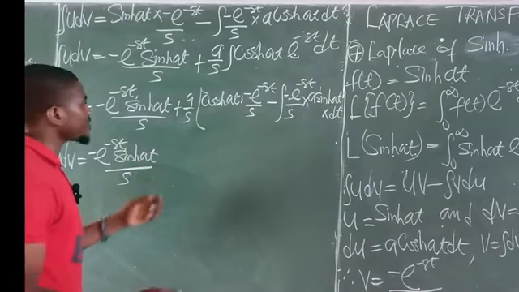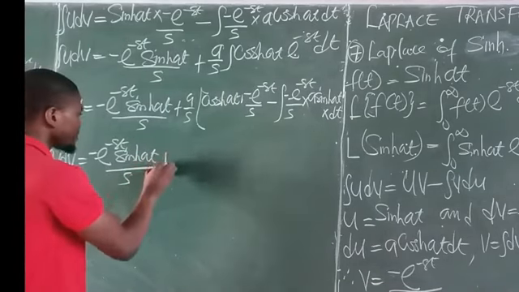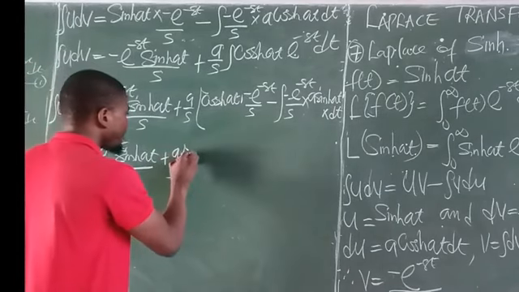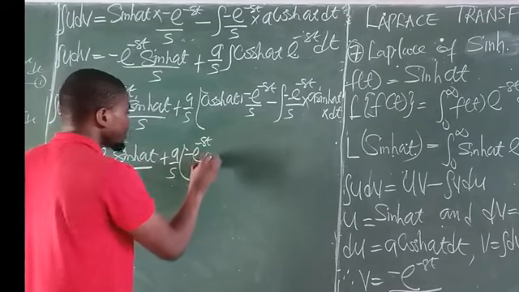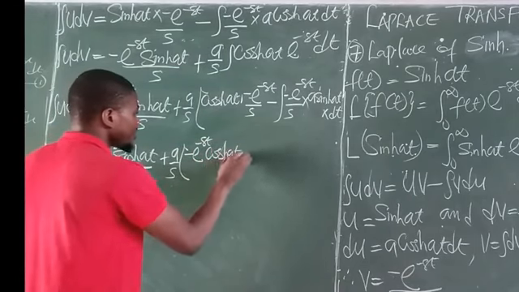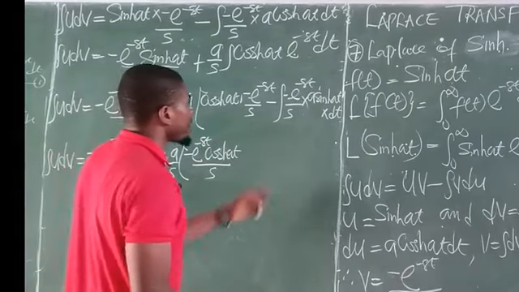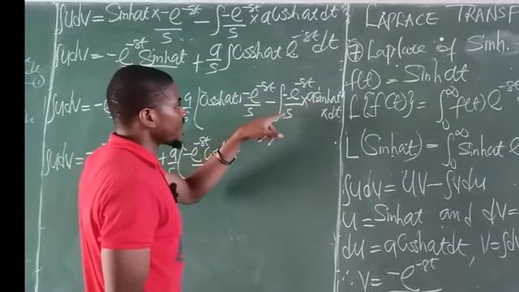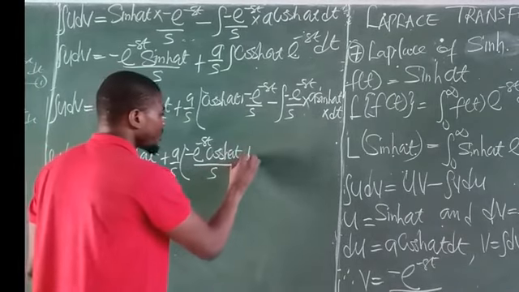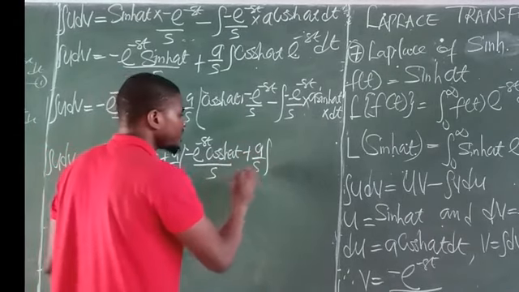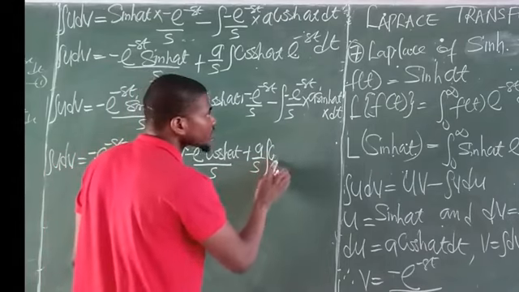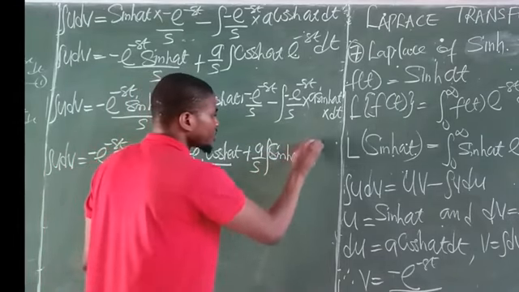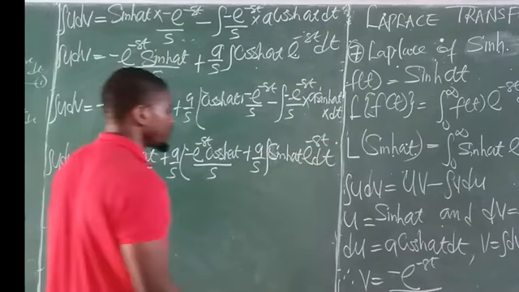Let's now rearrange what is inside this bracket. So this remains plus a all over s into, rearranging this, we have minus exponential minus st cos at all over s. Now, mind you, minus times minus here becomes plus. a is a constant, s is also a constant. You can put them out, so you have plus a all over s integral of sine at exponential minus st times this dt.